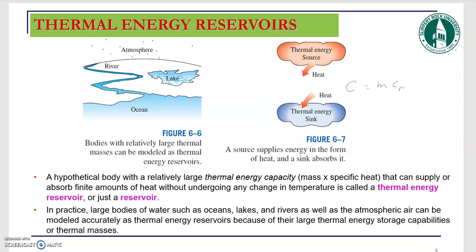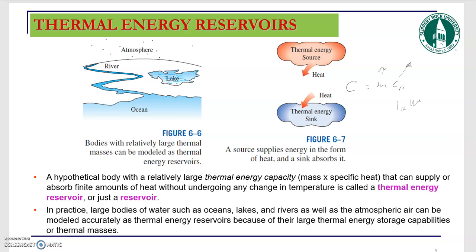So it should have either a very large mass or a very large value of specific heat. Examples of thermal energy reservoirs are lakes, oceans, atmospheric air.